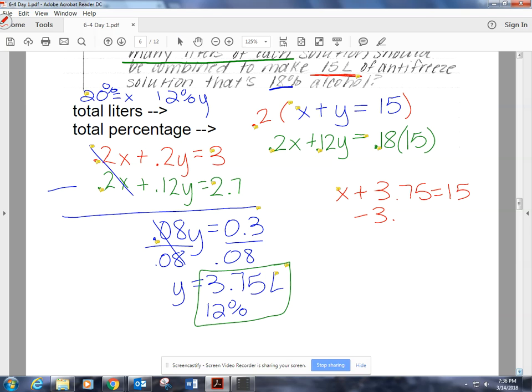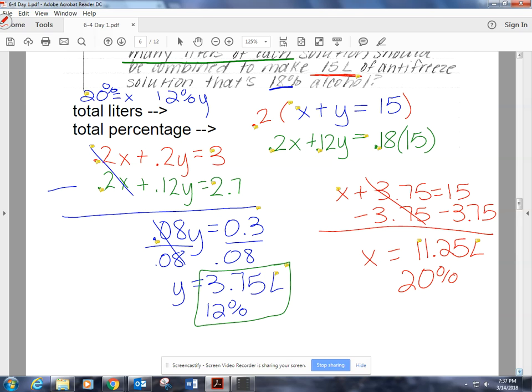So we're going to say X plus, instead of Y, 3 75/100, equals the 15. We can subtract 3 75/100 on both sides, and X is equal to 11 25/100. This time that's for our 20% solution, because that is X. It's good to label right at the beginning so we know what each one represents.